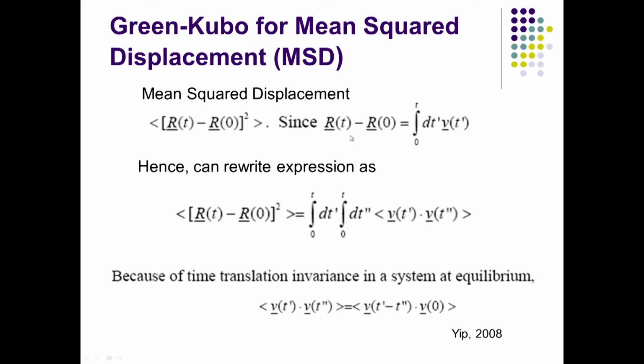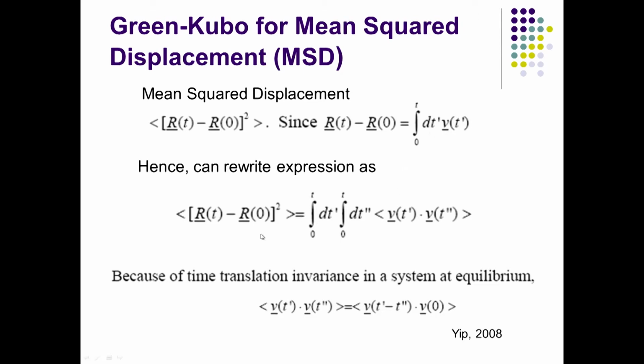We can also look at this in terms of displacements and velocities. If the particle has a velocity, then you can find its position at time t by integrating from 0 to time t over v at time t dash. Now you can calculate the mean square displacement in terms of velocity correlation.